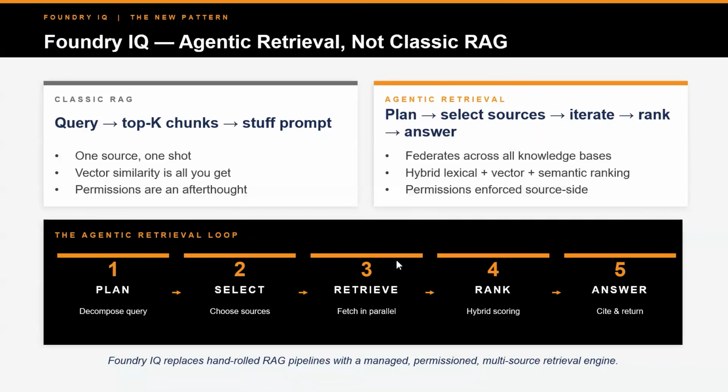For example, what if my HR information is spread across, some information in Azure Blob Storage, some in my SQL tables, and some in, let's say, another line of business system that I have already ingested inside my Azure AI Search? With agentic retrieval, it's going to fetch information from all the different sources, and permissions are also enforced on the source side as well.